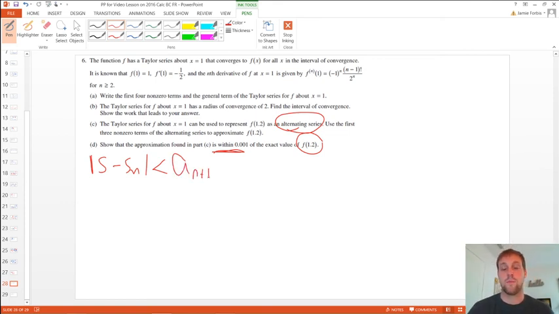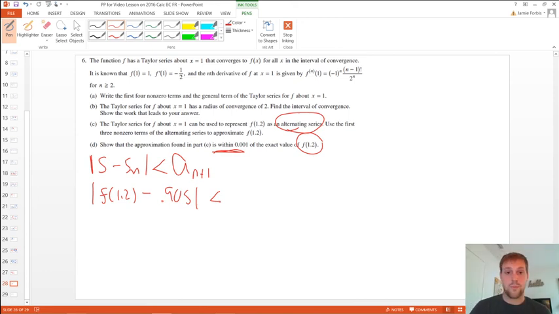That's just the error bound for alternating series, which we know applies because this alternating series converges to 0 and is decreasing. So we can do the alternating series test. In this case, this is like saying f of 1.2 minus my approximation of 1.2, which I found in part C to be 0.905, is going to be less than the next term in the sequence.